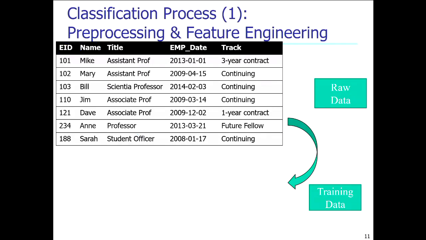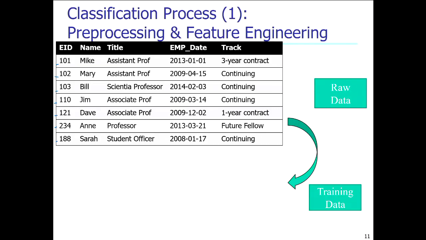If you look at the raw data, it looks like it's already close to a vector. Here we have 1, 2, 3, 4, 5, 6, 7 instances, and it looks like we already have features. It's already in a tabular format.